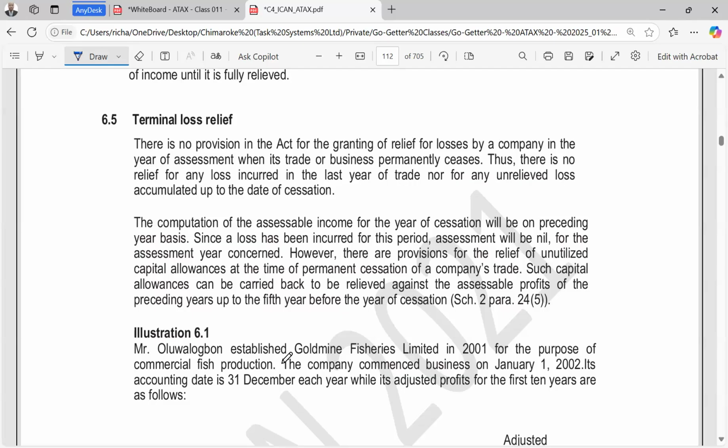Now, I want this part to sink. If you don't understand this terminal loss, I want you to speak up now because we're about to solve a problem. If you understand it, go to the chat and say you understand. If you don't understand, unmute and state where your concern is.